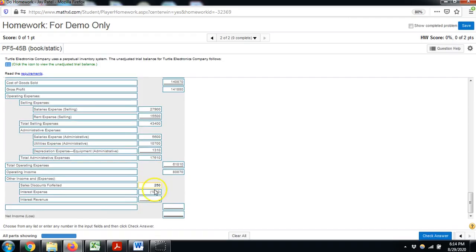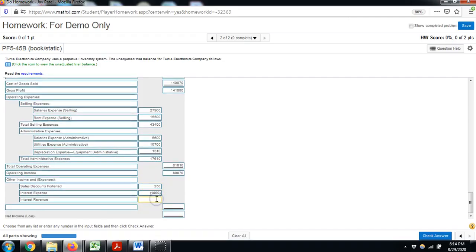And we're adding sales discount forfeited because it's basically sales discounts that we offered to our customers but they didn't take, so it's kind of extra revenue.